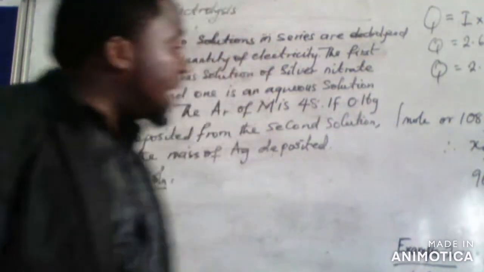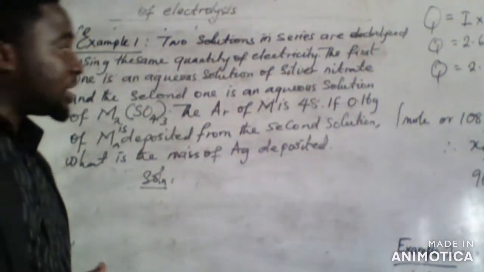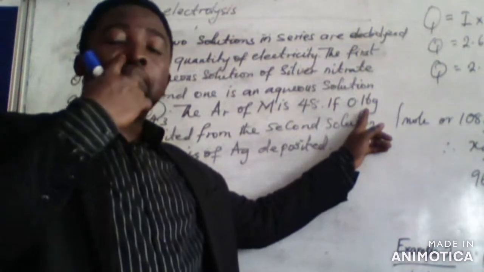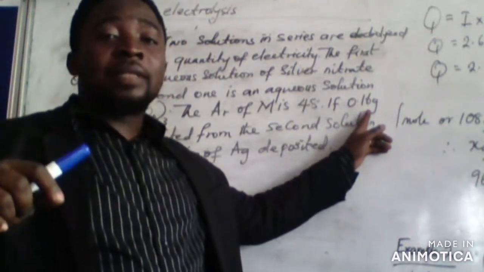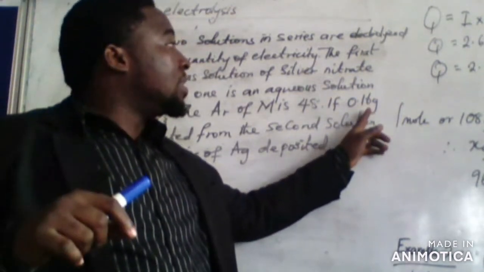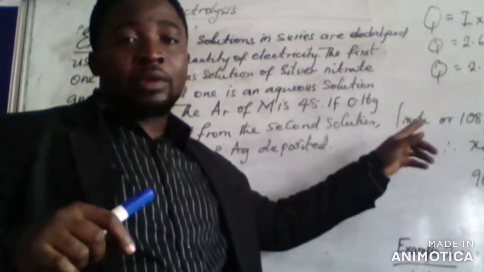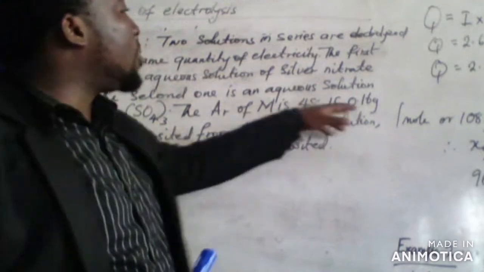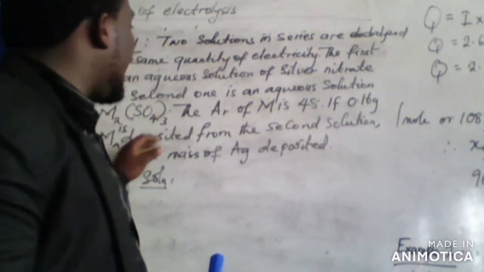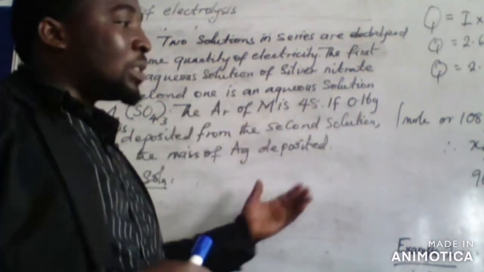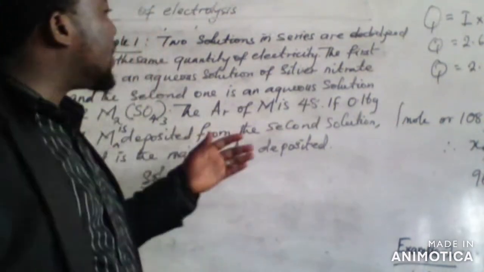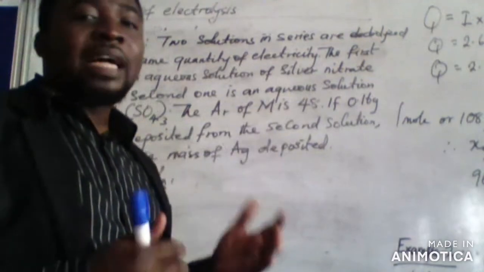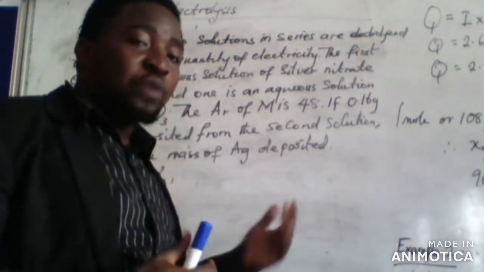Now, for us to find the quantity of electricity that was supplied, we need to start with the particular solution that discharged a certain mass of the element. So here, the solution that discharged 0.16 grams of M is the second solution. So we start from there. Now don't forget that the relative atomic mass of M is 48. So that will be our starting point for solving this question.